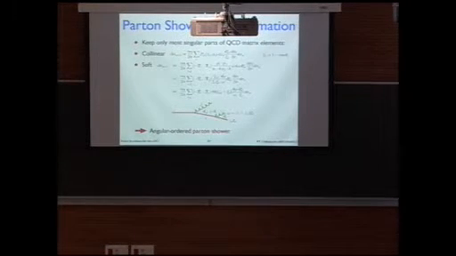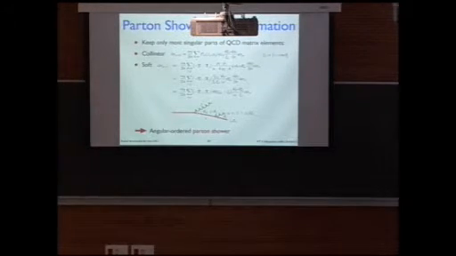The two kinds of singularities that we can identify are collinear singularities, where a parton, that is a quark or a gluon, splits into two almost collinear partons. For example, a quark here emits a gluon at a small angle.